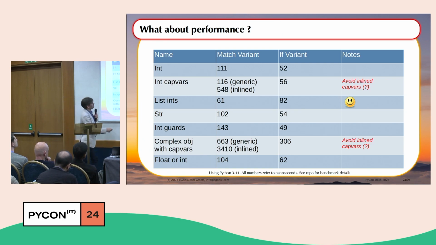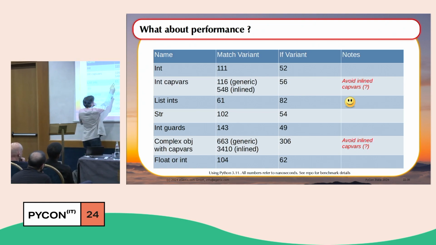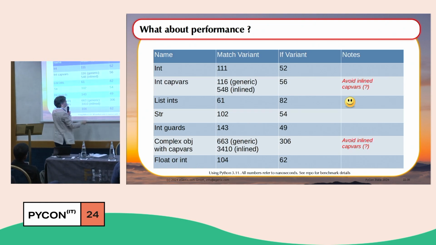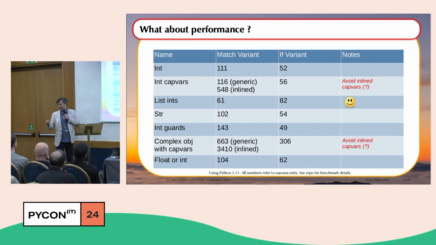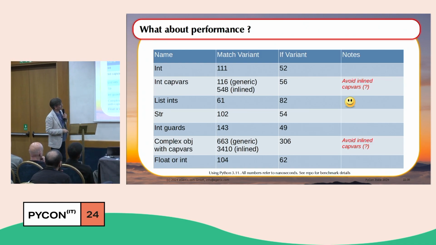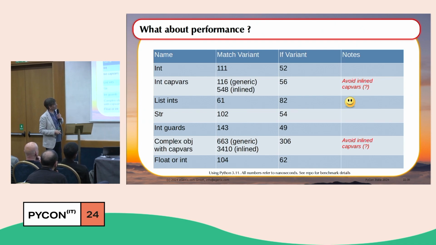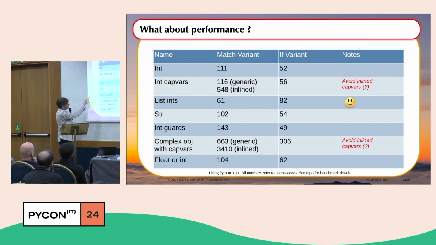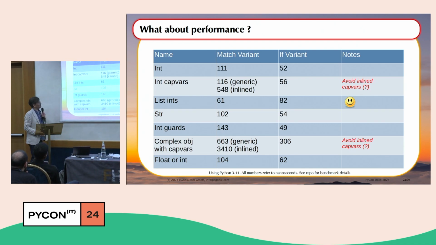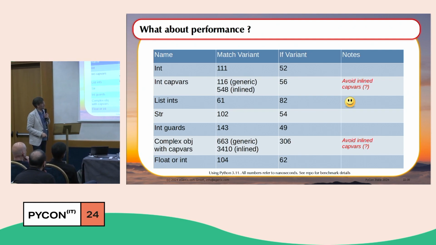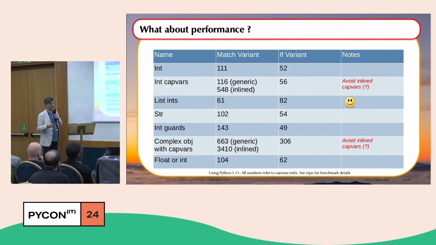There's also a very weird thing that I noticed, which is when you use capturing variables. I mentioned the two different ways of writing them, using as and the inline ones. And I created test cases for both. And I found that using the inline version is a whole lot slower than the generic one, even though they basically do the same thing.